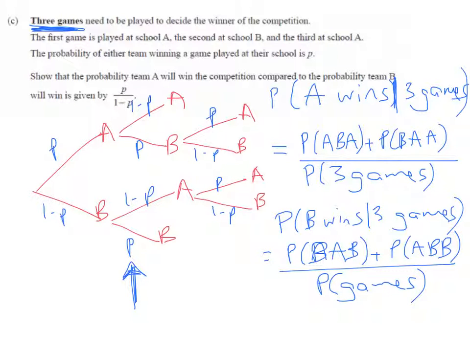Now, we're asked to find the probability that Team A will win compared to the probability that Team B will win. So I'm going to insert a new slide here, so there might be a little glitch while I'm doing this, so just bear with me. Okay, all we're asked to do is to find one of those probabilities compared to the other.